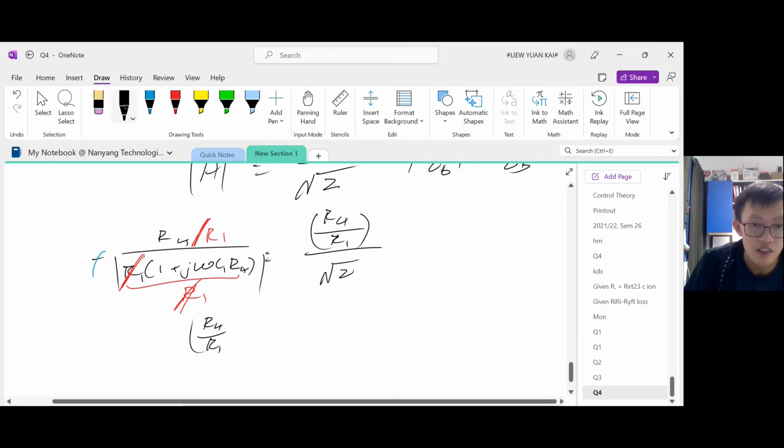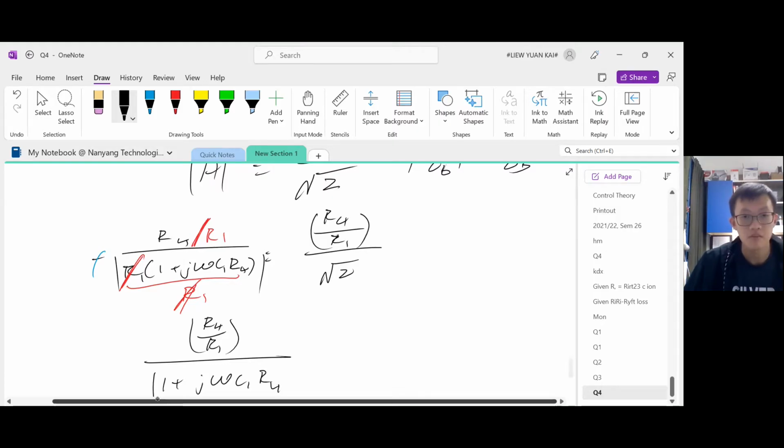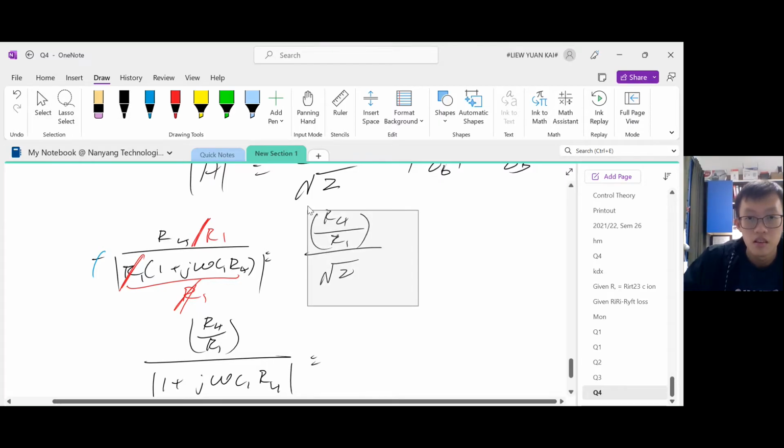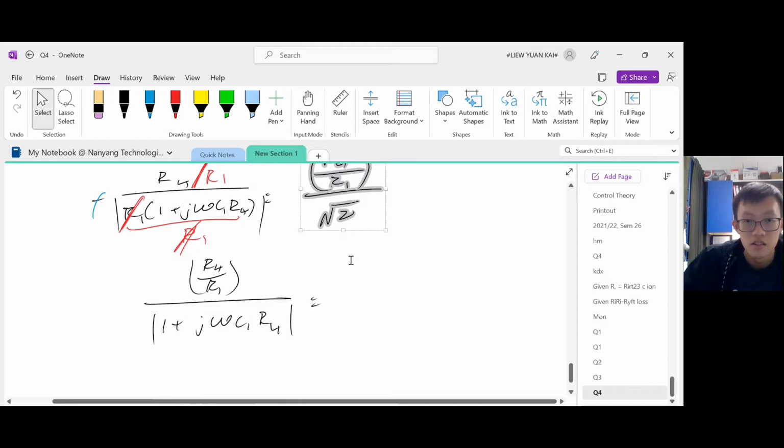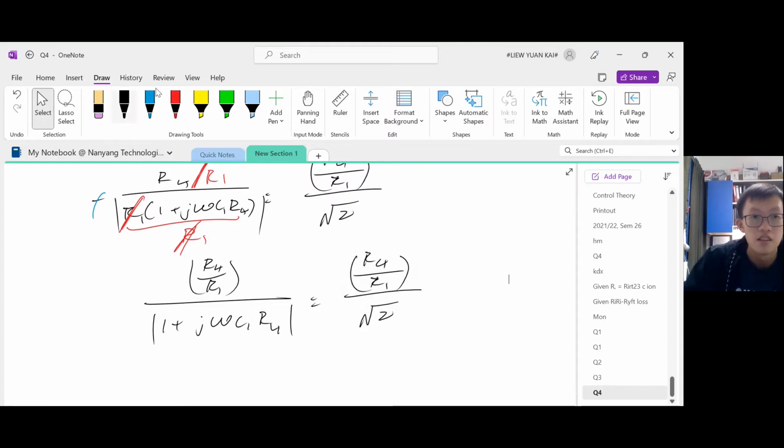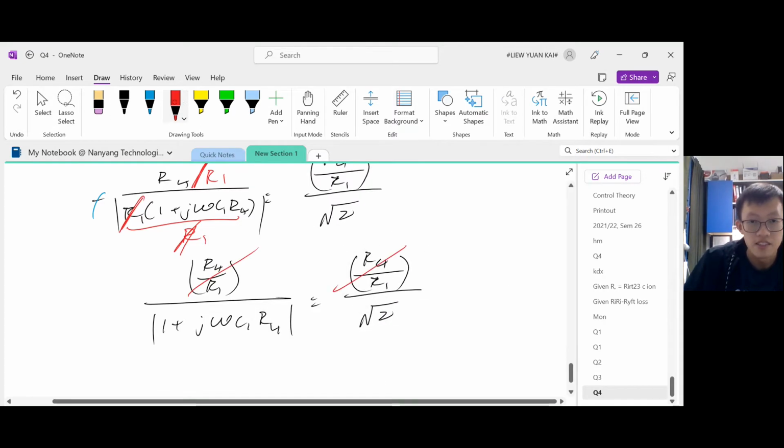You have R4 over R1 at the top. And then magnitude of this at the bottom. So you see, now that the numerators are equal, they can cancel, and then you can equate the denominators.